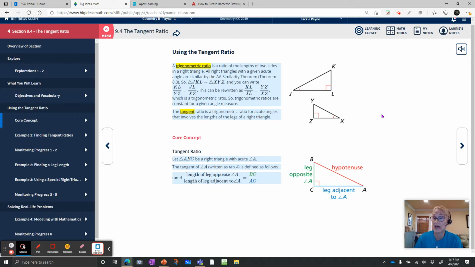And we're calling that the name of tangent. Anytime we write a ratio in a right triangle like this, they're called trigonometric, and we'll get into that a little bit later. We usually shorten it as trig. So these are trig ratios, and this one is called tangent. There's more later in the chapter.